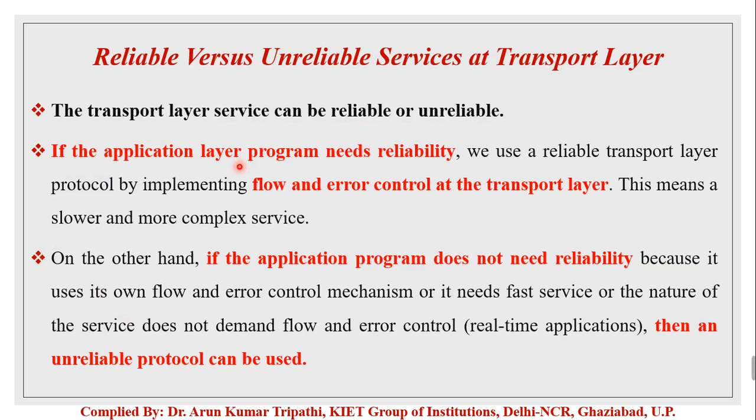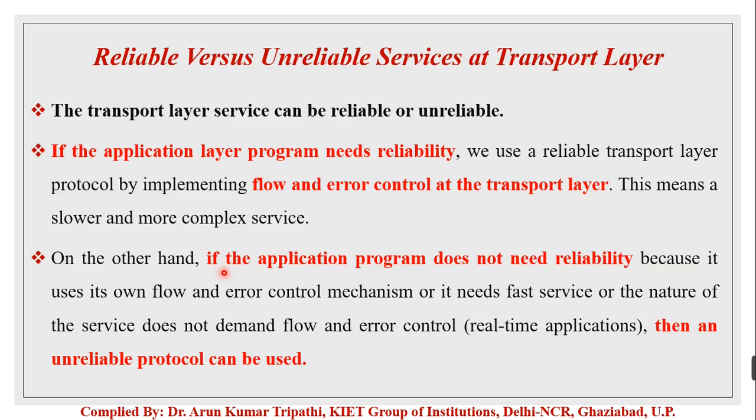If the application layer program needs reliability, we use a reliable transport layer protocol by implementing flow and error control at the transport layer. This means the services will be slower and more complex, and there will be a delay also.